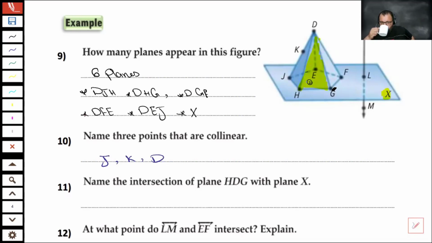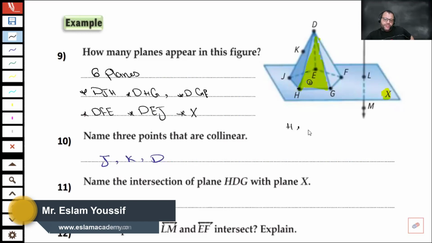It's on the same plane. What is the intersection of the planes? It's HG. Point H and point G? No, it's a line.